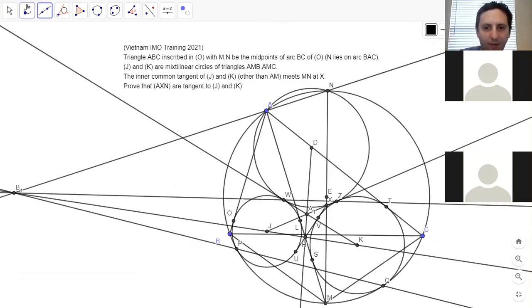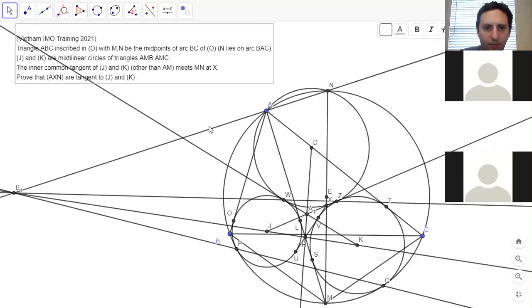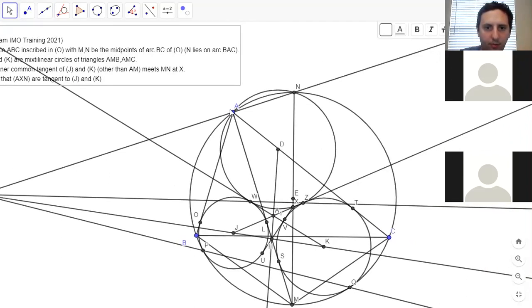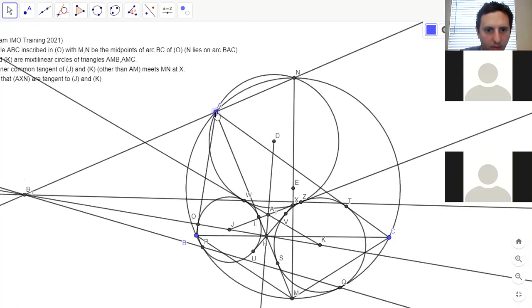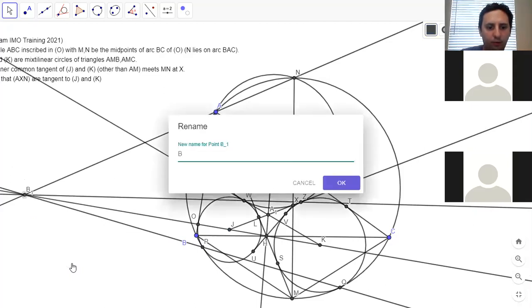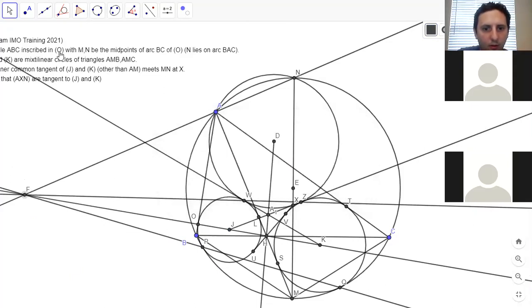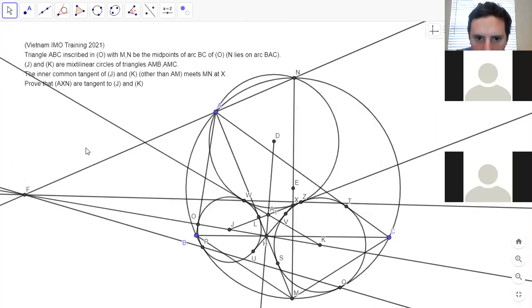Ah, wow. So we don't know yet that W and Z exist, but maybe this will help us figure out why they exist. I guess we will apply a bunch of Monge. Monge's theorem. The collinearity of BWZ comes from Monge's theorem.